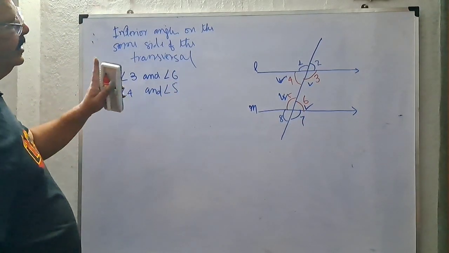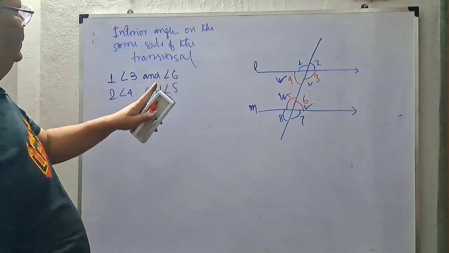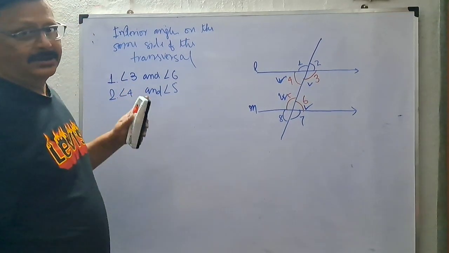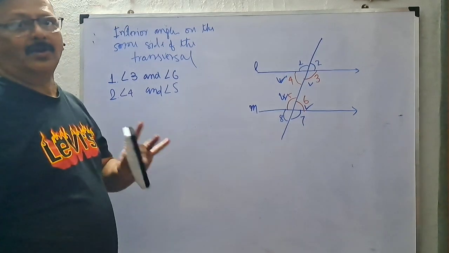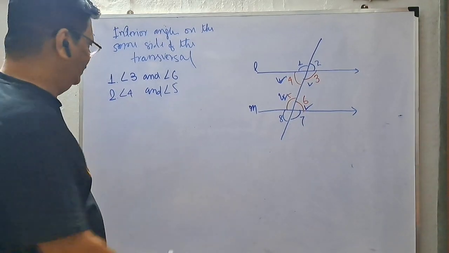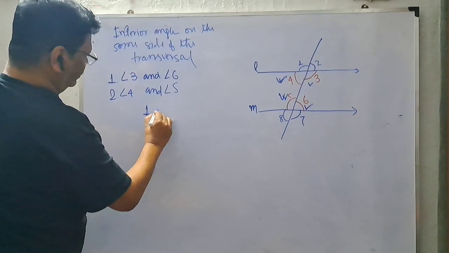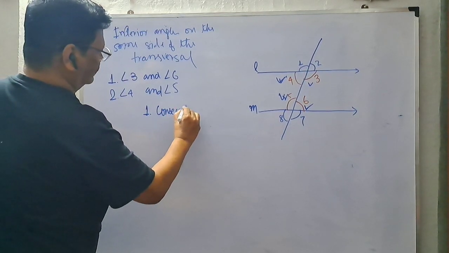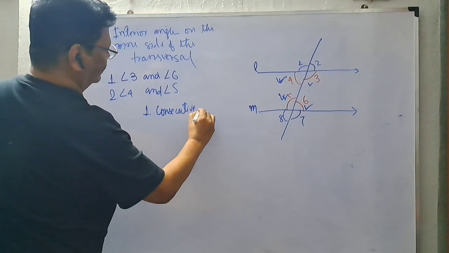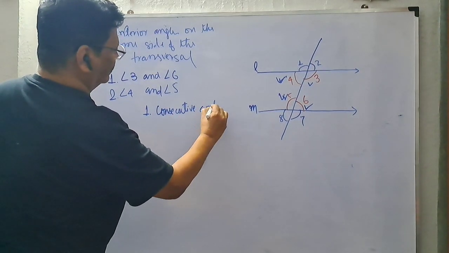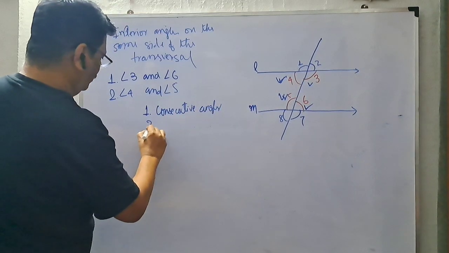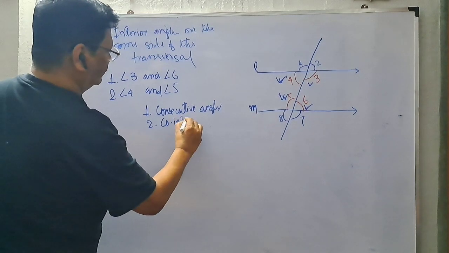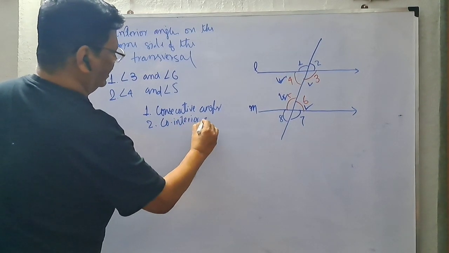Now this interior angle on the same side of the transversal has got 3 other names. The same angles are called in 3 other different ways. They are number 1, consecutive angles. Number 2, co-interior angles.